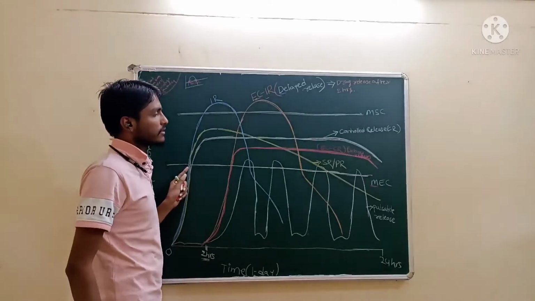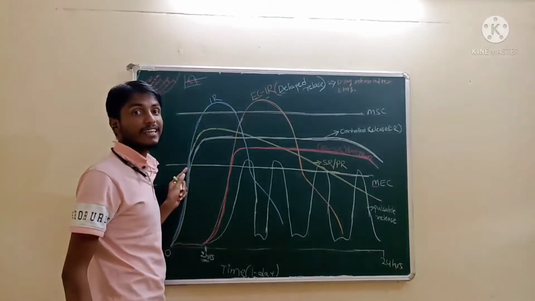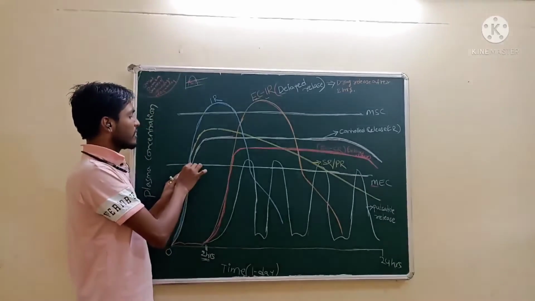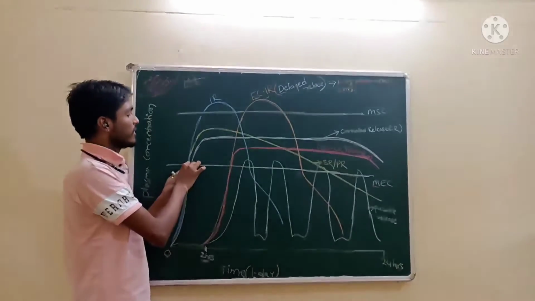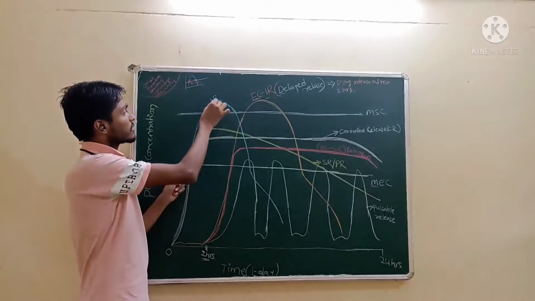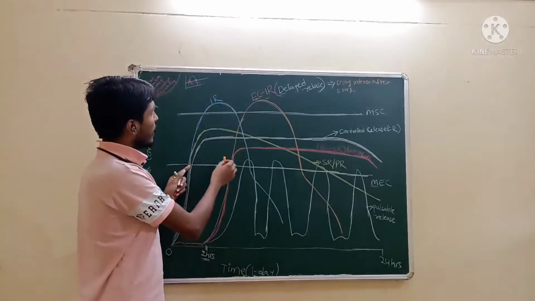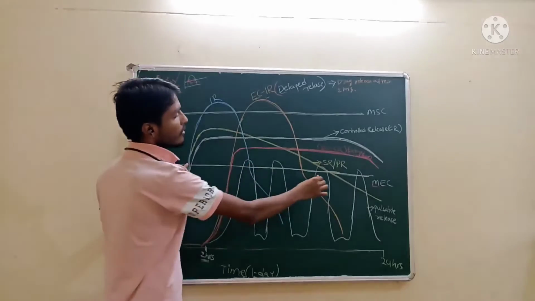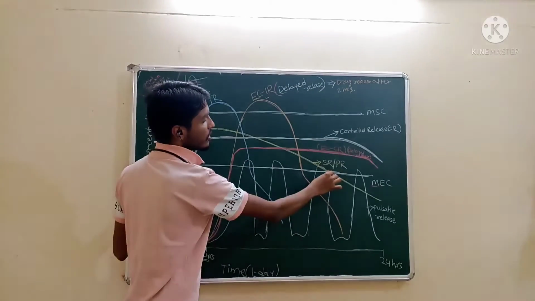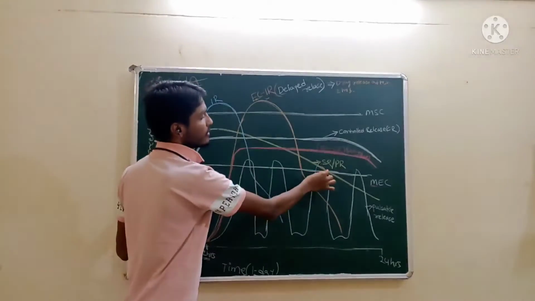So now we can see sustained or prolonged release. Sustained release or prolonged release has the same onset of action as the immediate release tablet, but the duration of action is more. For the immediate release tablet the duration of action is this, but for the sustained release tablet it runs from this starting point to the ending point here.